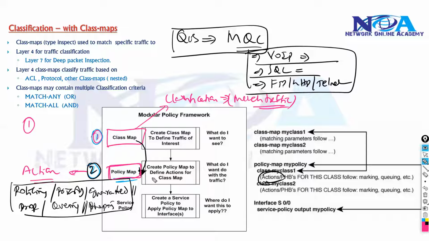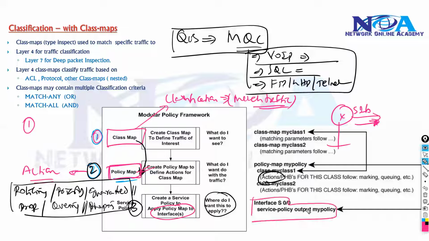And once we define the action, the final step is we are going to apply this policy map to the interface. So we do have multiple interfaces on the router. Let's say now I want any traffic leaving this interface to have this policy applied. So we are going to the interface and we are going to apply that policy to the selected interfaces with the help of this command.